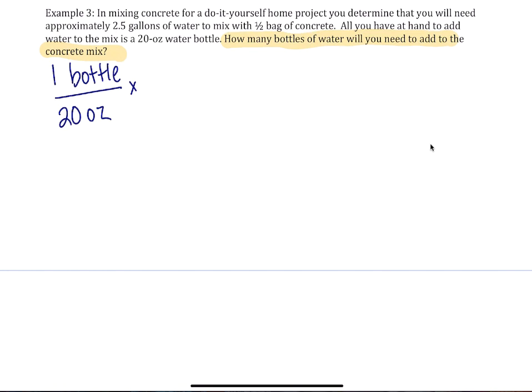So I know that there are 8 ounces in 1 cup. So that gets me at least from ounces to cups. Then I also know that there are 2 cups in 1 pint. So I've gotten my ounces to cancel, I've gotten my cups to cancel.